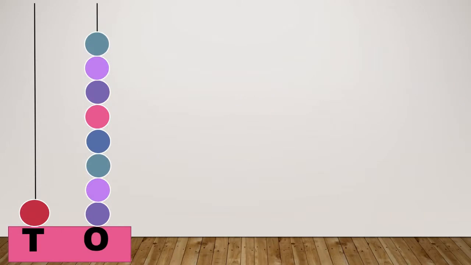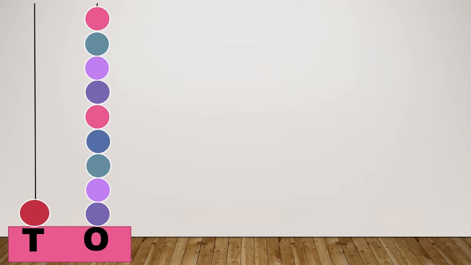Let's put one more bead in ones place. Already it has 8 beads and I put one more. So can you count and tell me how many beads altogether in ones place now? Yes, right, 9 beads.